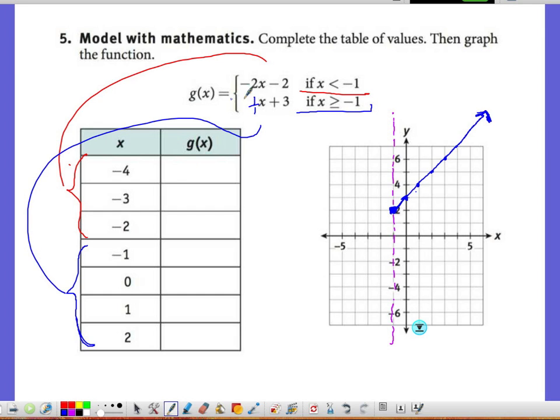Now, when I graph this, it can be a little bit tricky because the first thing I would do is just find the y-intercept. But notice the y-intercept is on the right side of the wall, and I want to graph this on the left. Well, you can use it as a guide to show you how your line is going to look, but just make sure you erase it later.